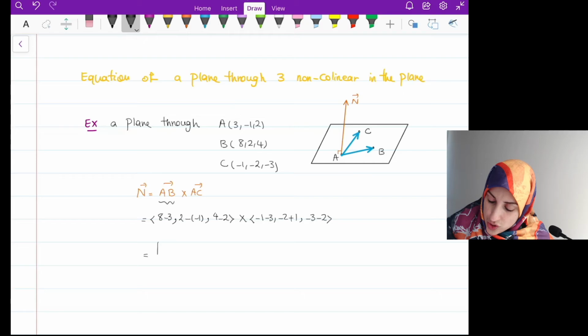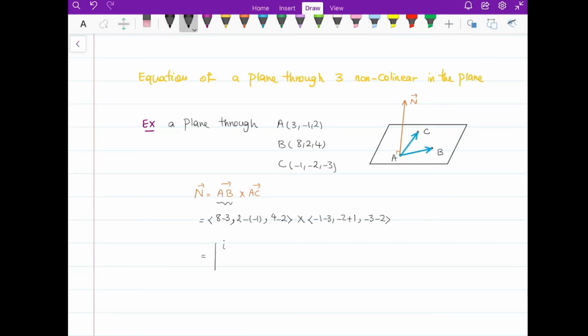To write the cross product, I'm going to find the determinant of this matrix: 5, 3, 2, and then -4, -1, and then -5.